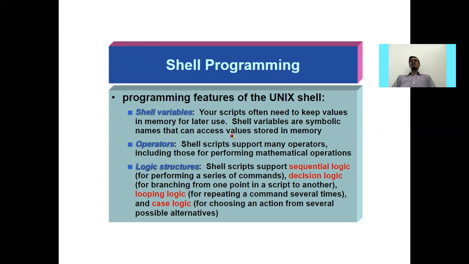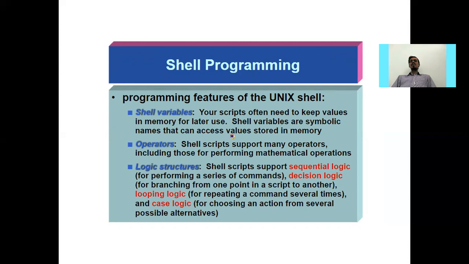They are denoted by $, and we will use them later. Shell variables are symbolic names that can access values stored in memory. We can use the variables that are stored in memory.